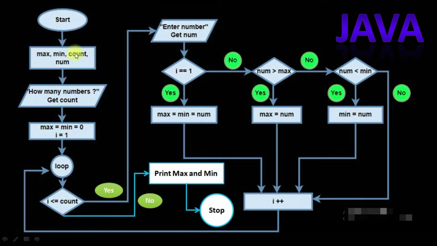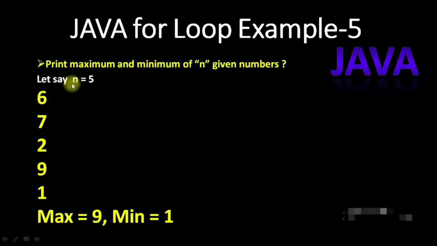Then you can see there are some variables needed to execute this program. What are those? So max and min, these are two variables where we will collect the maximum number and minimum number. There is a variable called count. What is that? If you check our previous slide, I said that let's say the user wants to enter 5 numbers.